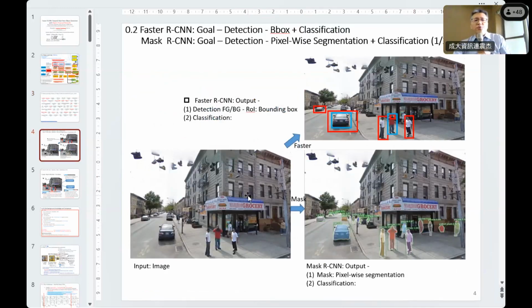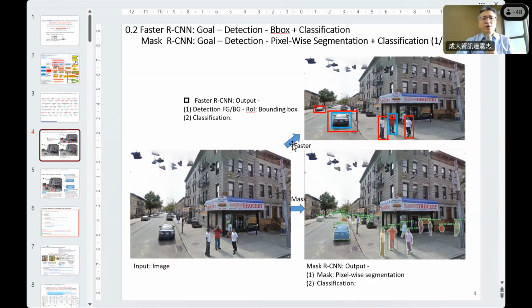Okay, so for example, back to Faster RCNN and Mask RCNN. Given the image, first, the initial Faster RCNN uses one more important thing we call the anchor.